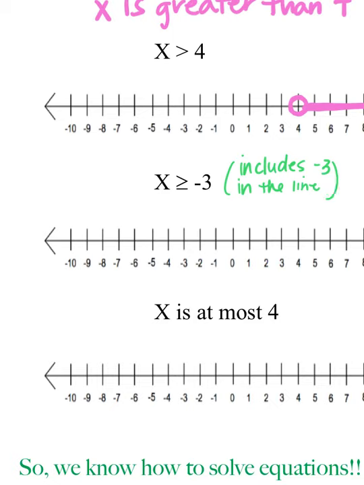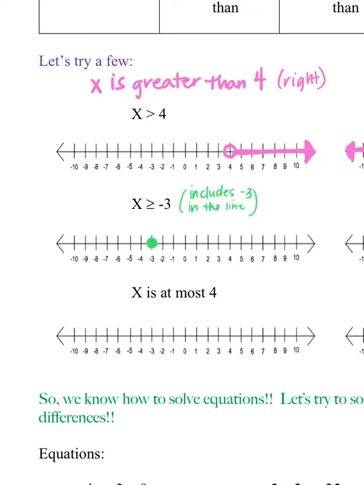So that's why our circle here is going to be closed. So we're going to find -3 and put my circle there, and it's a closed circle. X is greater than or equal to, and it's going to go to the right. Any number greater than or equal to -3 is what X equals.